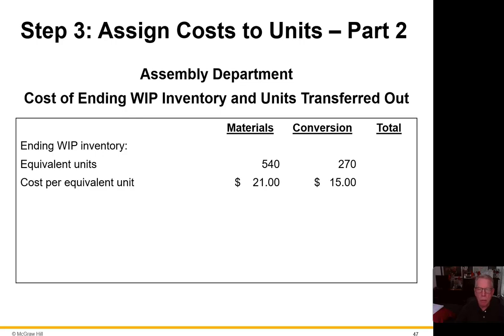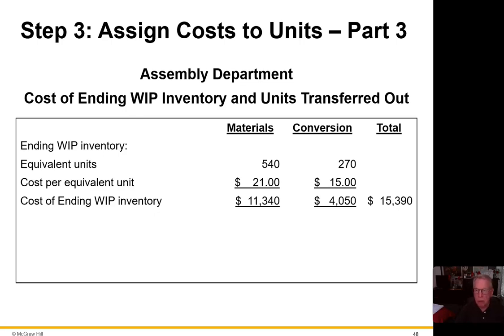What we do is multiply $21 times 540 equivalent units for materials, and $15 times 270 equivalent units for conversion. That gives us a total cost of ending work in process inventory of $11,340 for materials and $4,050 for conversion. Total $15,390.